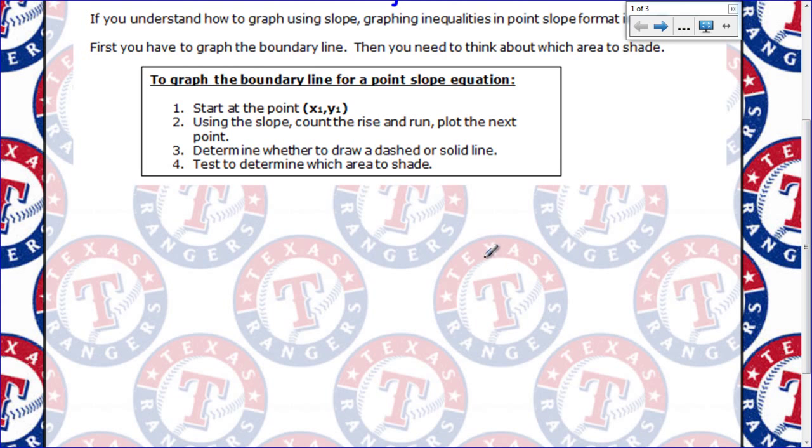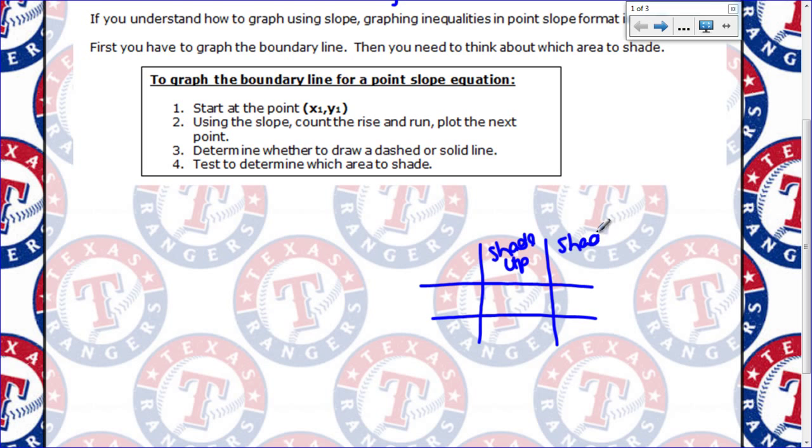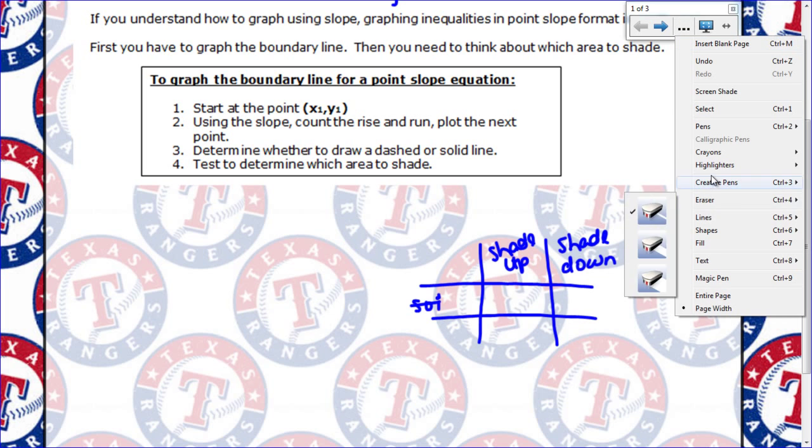And we put this in your last set of notes. You have this little chart that we drew that said shade up, shade down. I'm just going to try and recreate it real quick. This was solid. Nope. Solid went on the bottom.